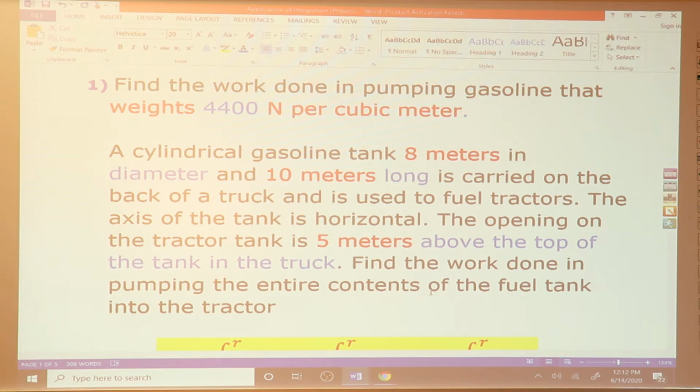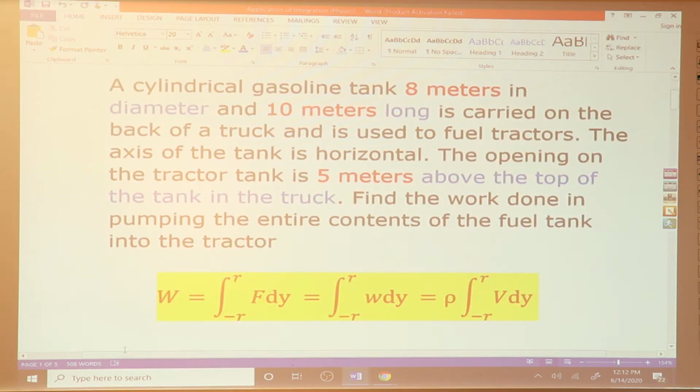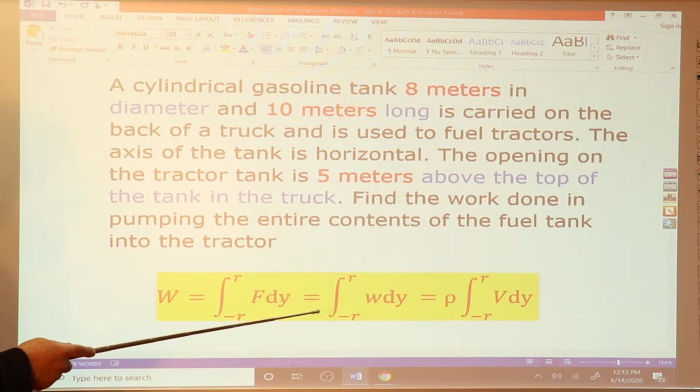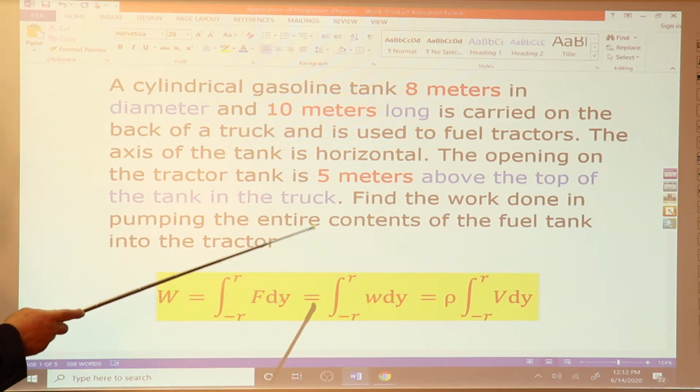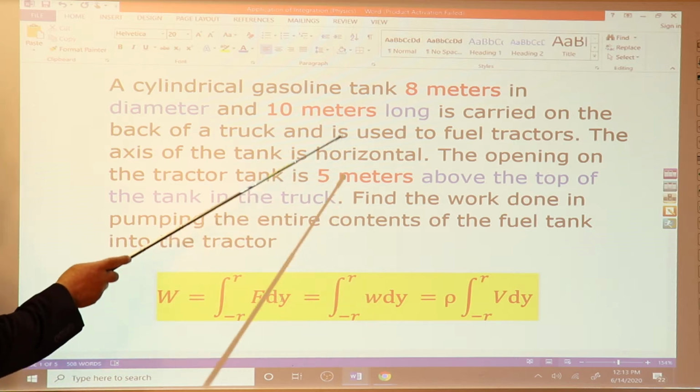Okay, since I see this problem, I'm going to remember my formula. The work is the integration from a to b, but for this case from negative r to r, of force dy. This is the main formula for any work done: integration from a to b of F dy, the integration of the force, dy, dx, whatever it is. In my case, the force is the weight of the gasoline.